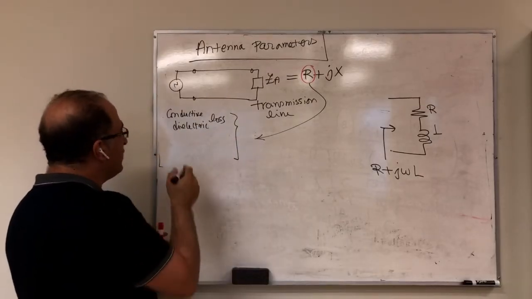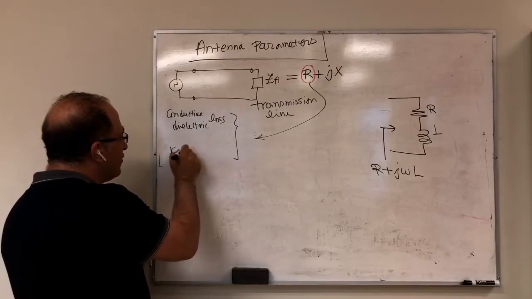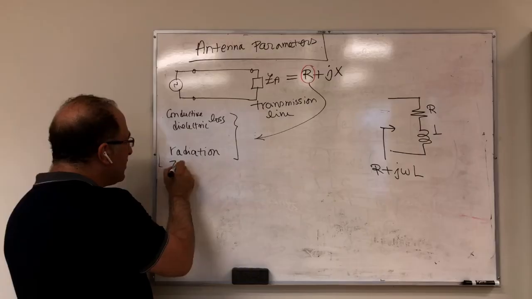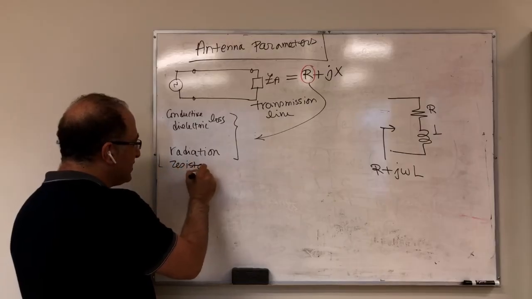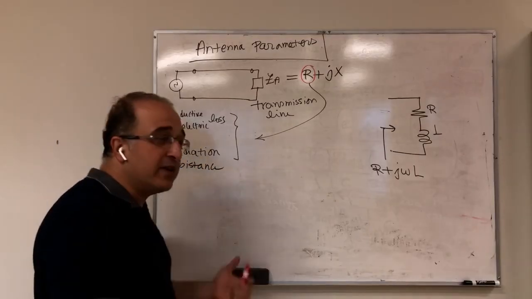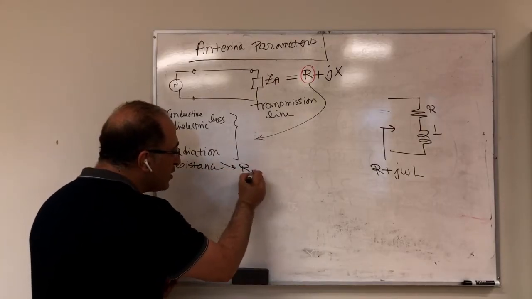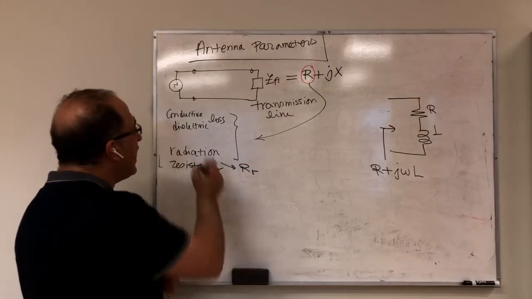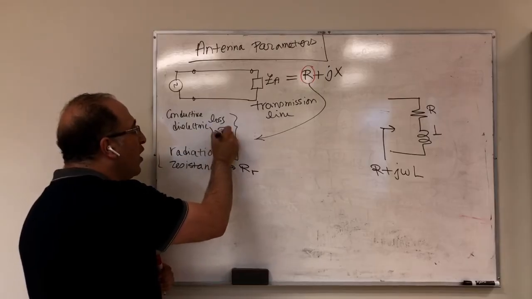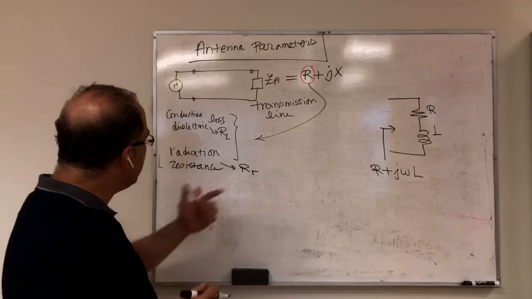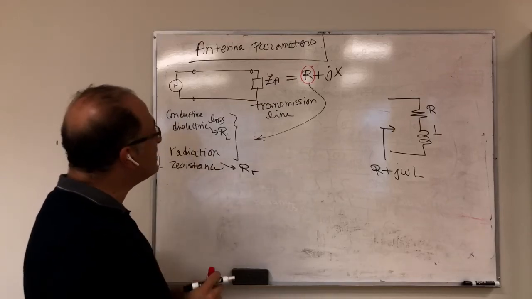So this would be radiation, and I call this component radiation resistance, which is a good thing. I'm going to denote it by R subscript R, and I'm going to denote this by R subscript L, which stands for loss. So this is radiation resistance, and this is the loss.